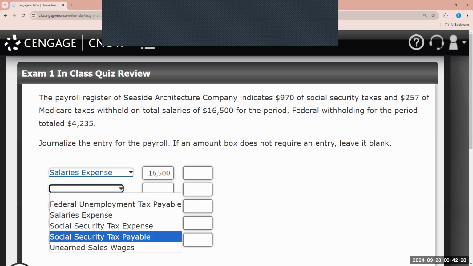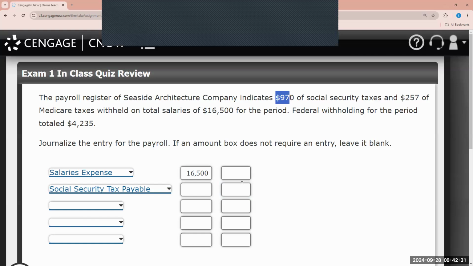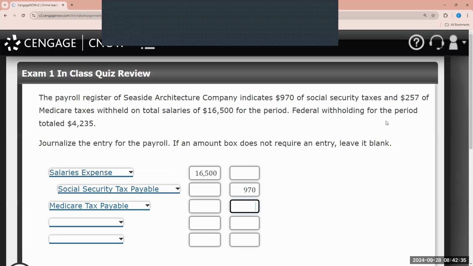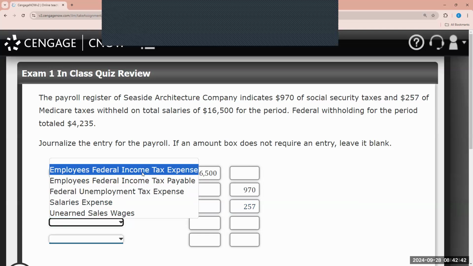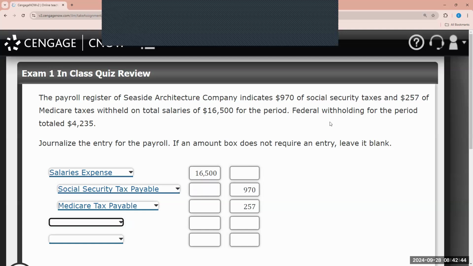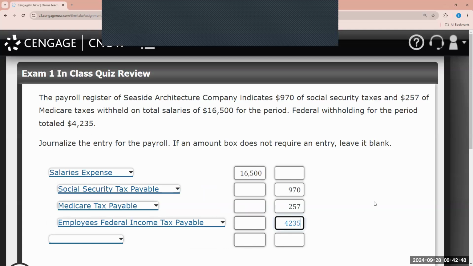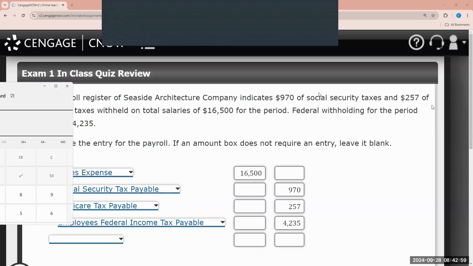So we have Social Security tax payable, which it lets us know is $970. Medicare tax payable, which the problem lets us know is $257. And then our employees' federal income tax payable, which the problem lets us know is $4,235. So this represents the gross pay, and Social Security tax payable, Medicare tax payable, and employees' federal income tax payable represent the deductions.